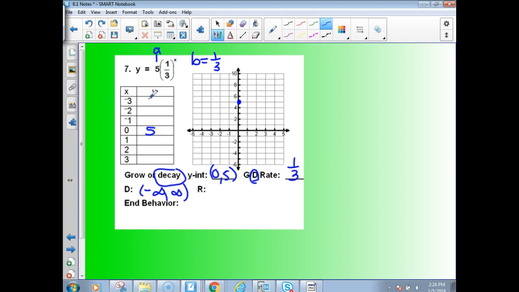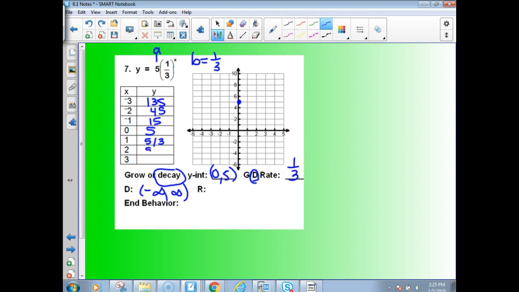If you put this into the grapher, you'd be having 135 for that one. It's actually going to be 5 times 27. Put in -2, that'd flip it over and square it, so you'd be 5 times 9. This should be 45. Then 5 times 3 for the next one, which is 15. 0, 5, and putting in 1, you'd get 5/3.